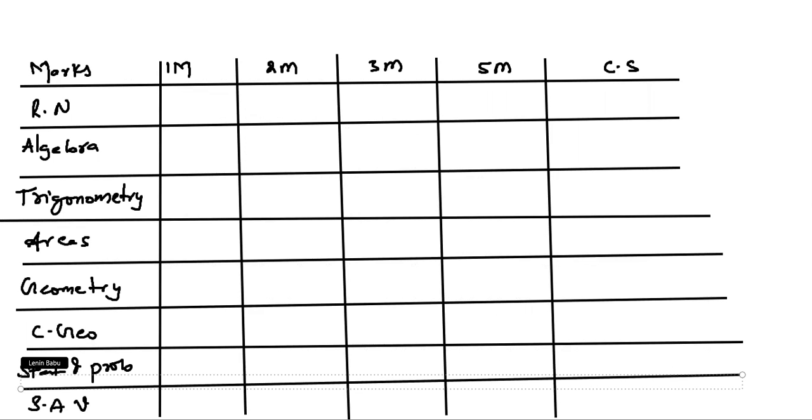Yes, now we'll see. So our table is ready with 1 mark, 2 mark, 3 mark, 5 mark, and case study, and with the chapter names. From real numbers, there's a chance of getting one question. Next, from algebra you'll get 5 questions, from trigonometry 2, areas 2, coordinate geometry 2, statistics and probability 1, and surface area and volume 1.